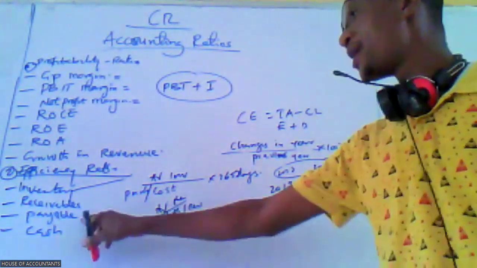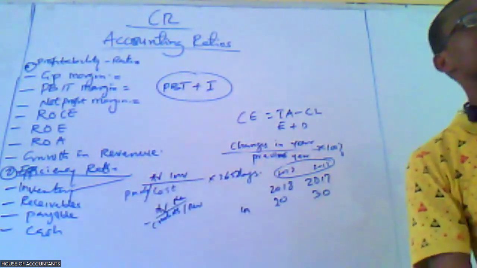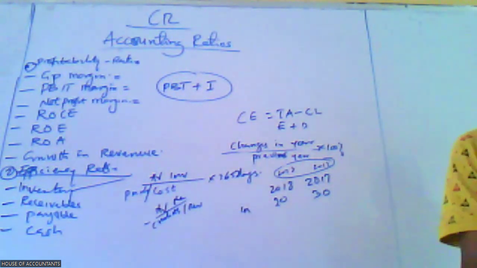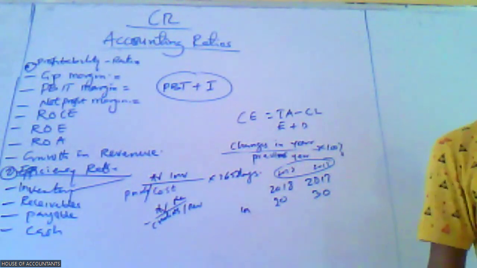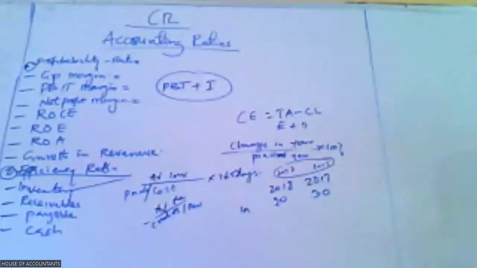Then the same thing for payables. Payable will be average payable over purchases. If there's no purchases, you use cost of sales as well.